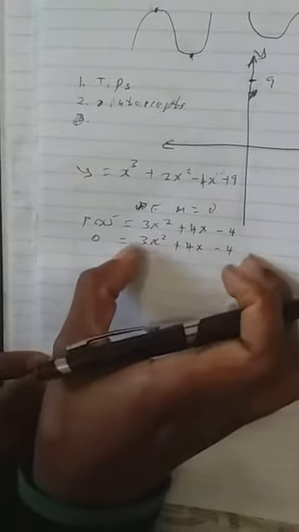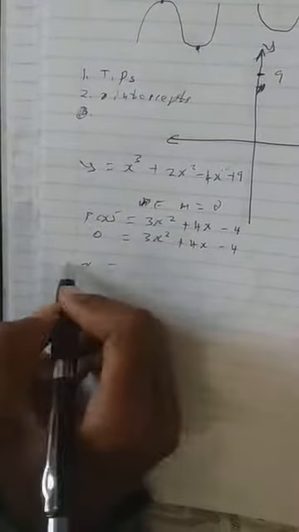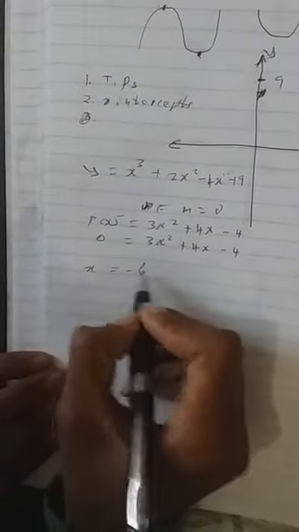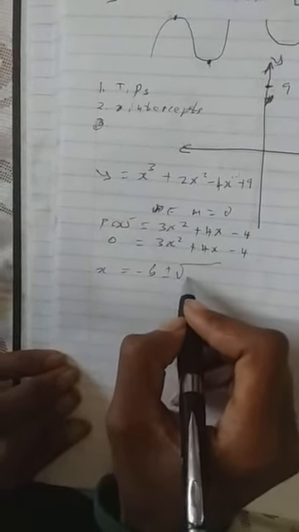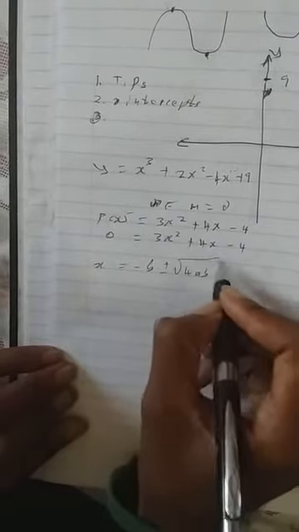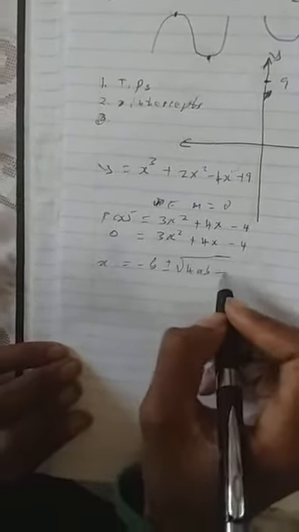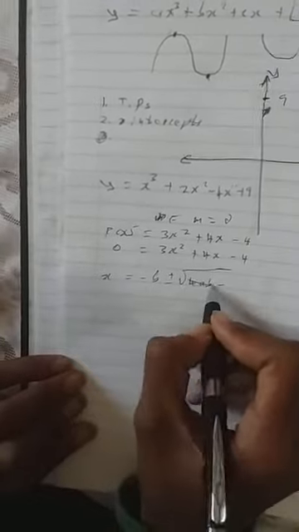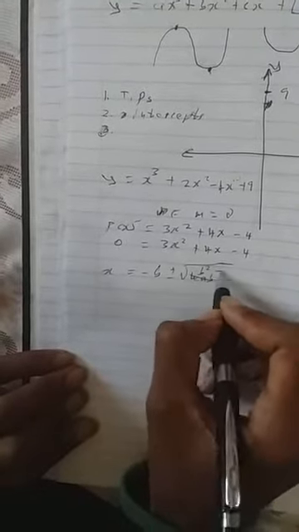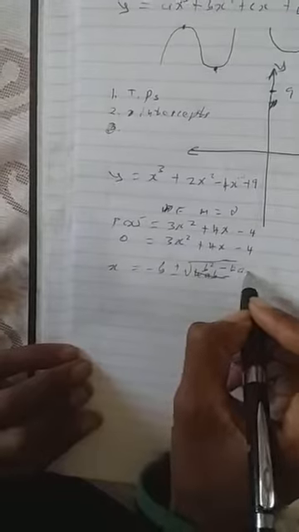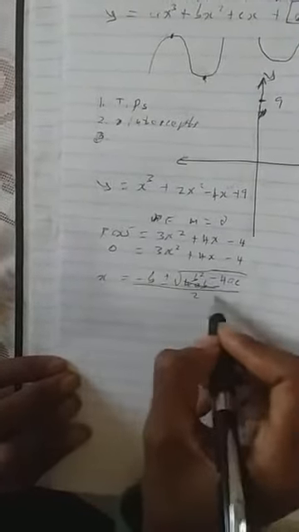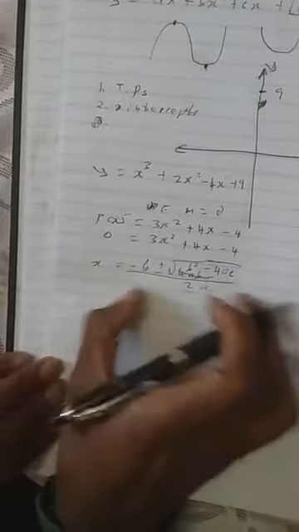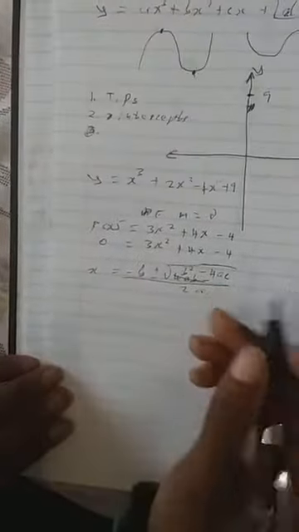We can factorize this, or we can use the quadratic formula, where x equals minus b plus or minus the root of b squared minus 4ac, all over 2a. It has been a very long time since I last saw this. So you can still use this formula.